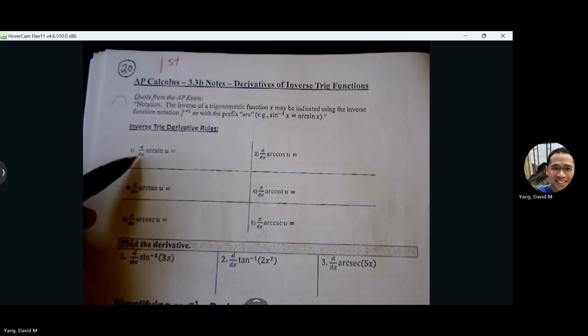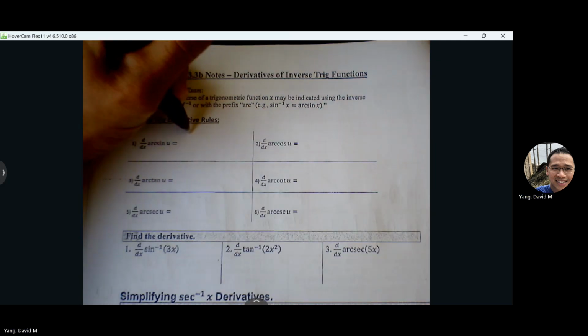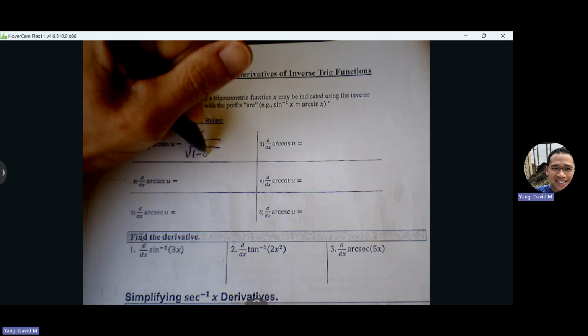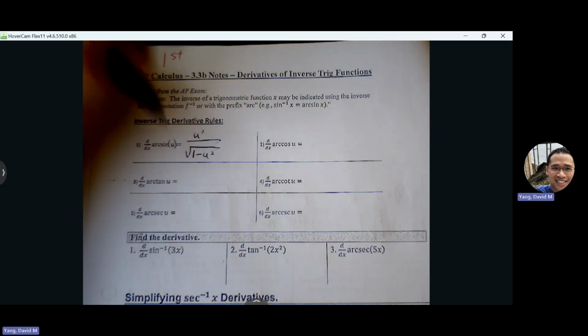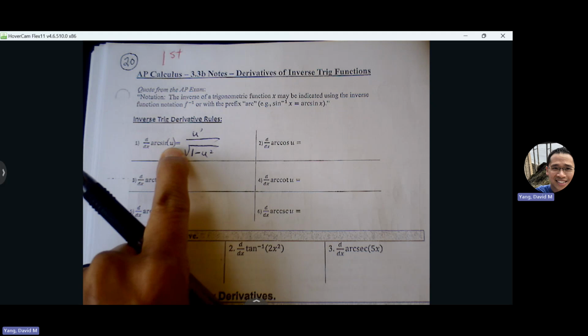So the derivative of arc sine of u is u prime over the square root of 1 minus u squared. Whatever is inside the arc sine function is your u value. That u value can just be an x, or it could be 3x squared, or 5x plus 1.